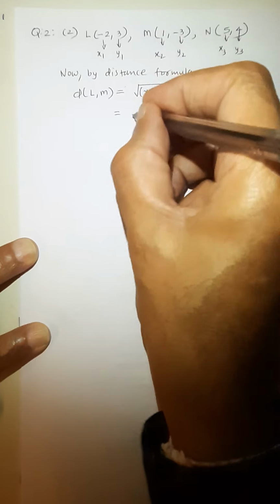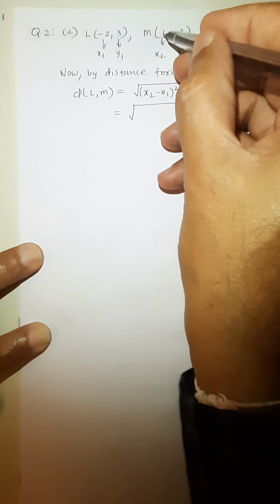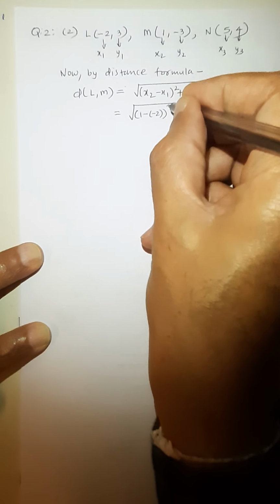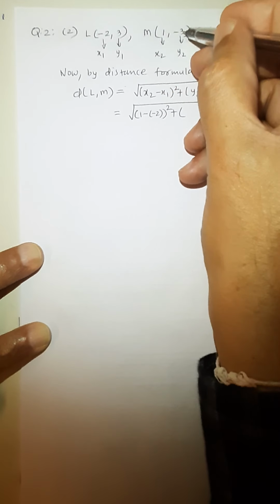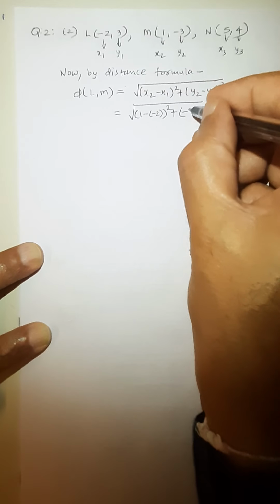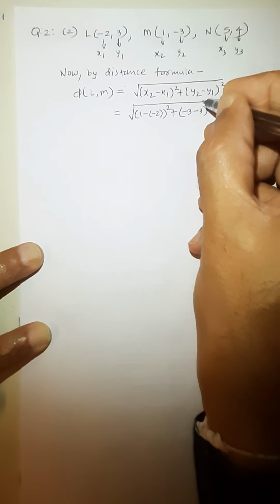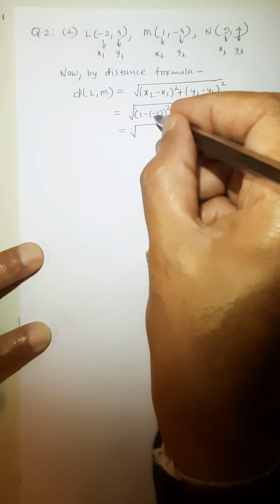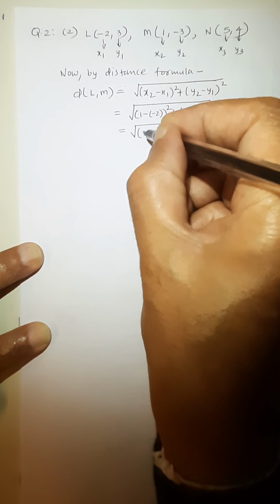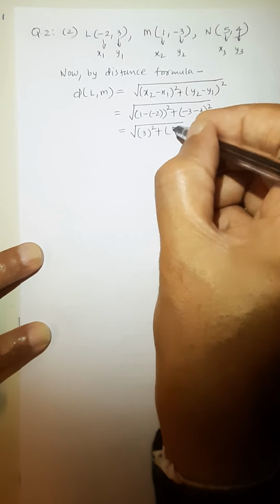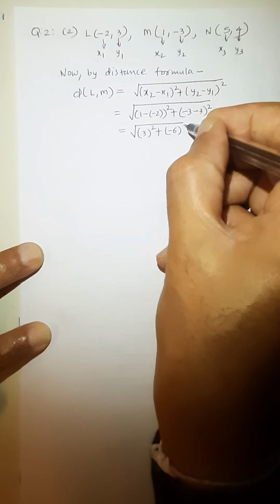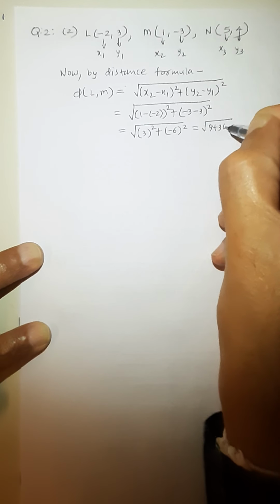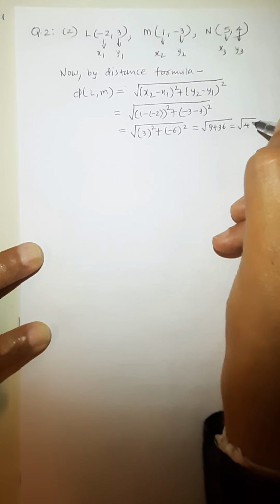Which is equal to, x2 is 1 and x1 is minus 2, so 1 minus of minus 2, the whole square, plus y2 is minus 3 and y1 is 3, so minus 3 minus 3 the whole square. Be careful about the sign. So under square root we have 1 plus 2, that is 3 squared, and minus 3 minus 3 is minus 6 the whole squared. So under square root we have 9 plus 36, which is root 45.